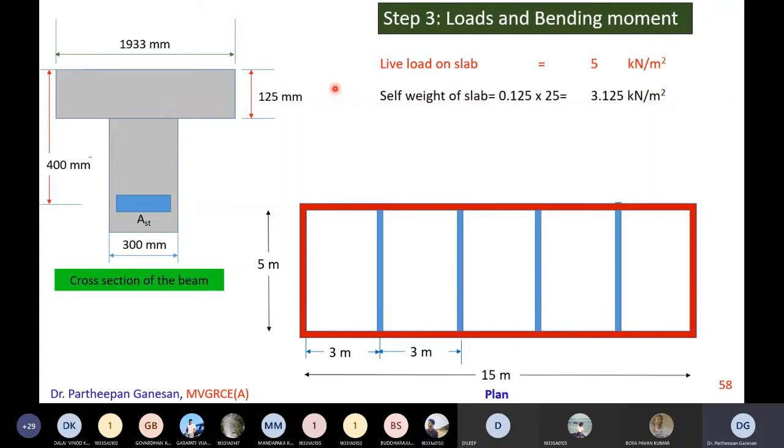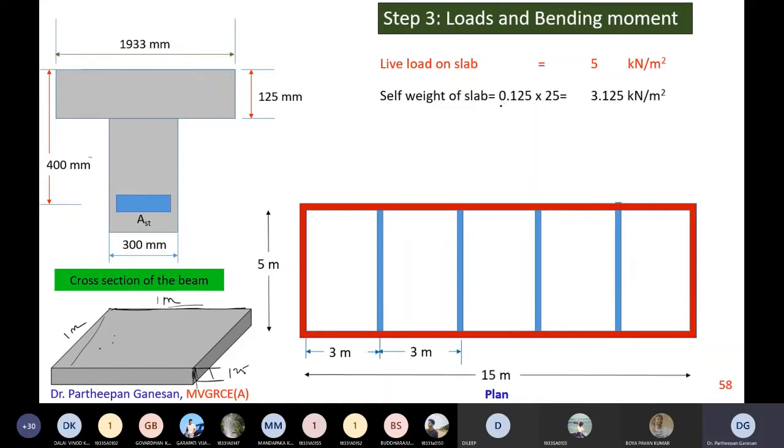Remember, for a slab, if you want to find out self weight, I have told you this morning also, you will always calculate for this one. See, this is 1 meter length, this is 1 meter width, and thickness of the slab is 125 mm. So you calculate for 1 meter by 1 meter by 0.125 meter.